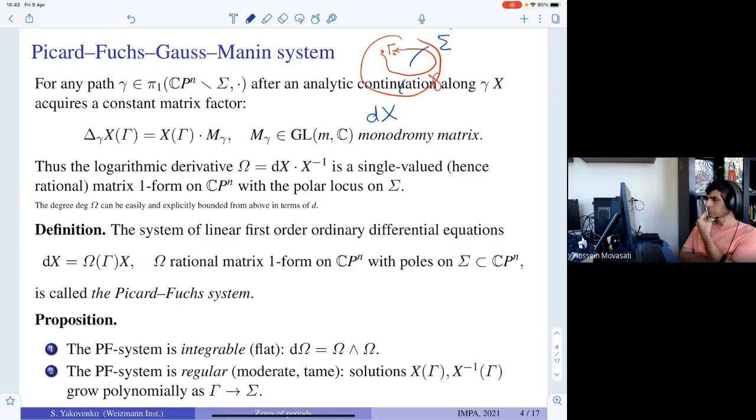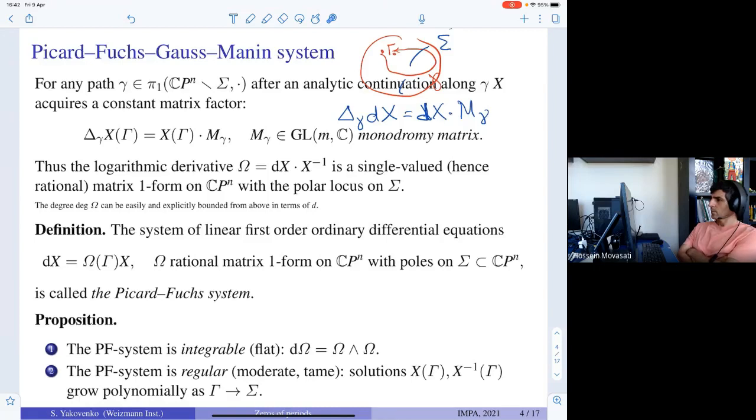And of course, if I look at this formula, I see that after continuation, dX will be dX times the same constant matrix M gamma, which means that once I form a logarithmic derivative like this, M gamma and M gamma inverse will cancel each other, and therefore we have a single-valued matrix one-form on CPN, which is well defined outside of sigma.